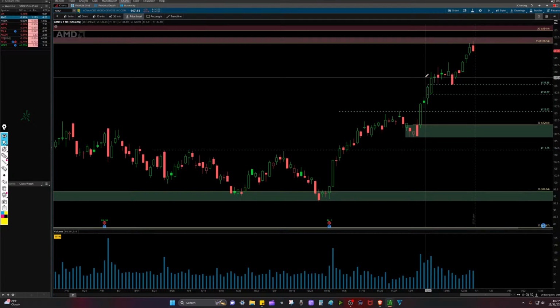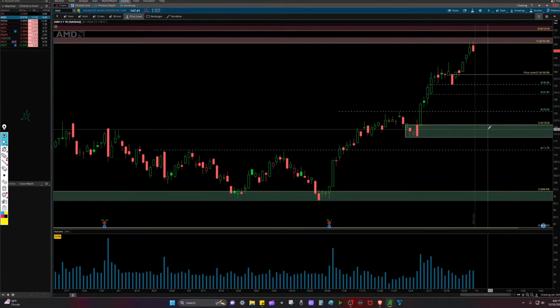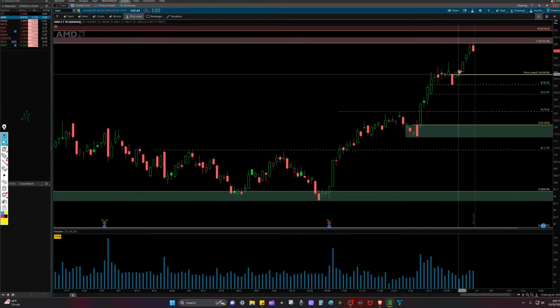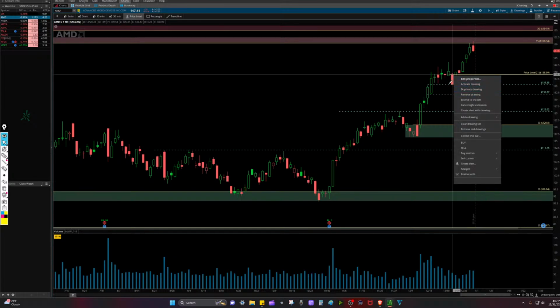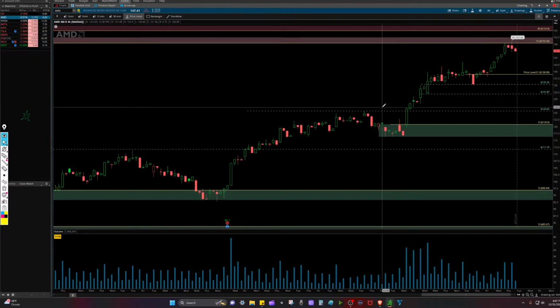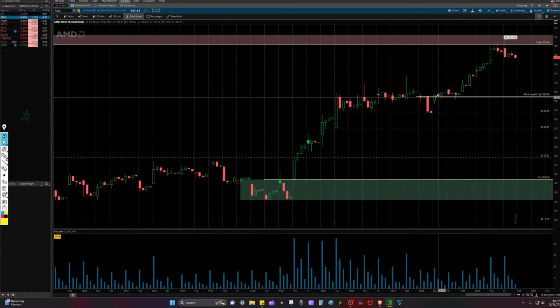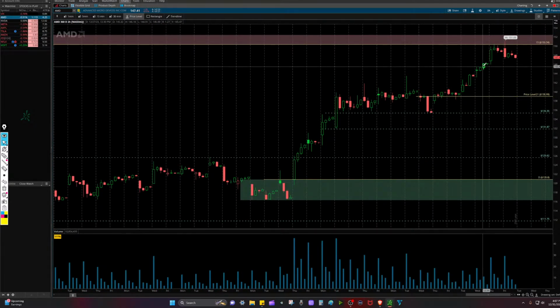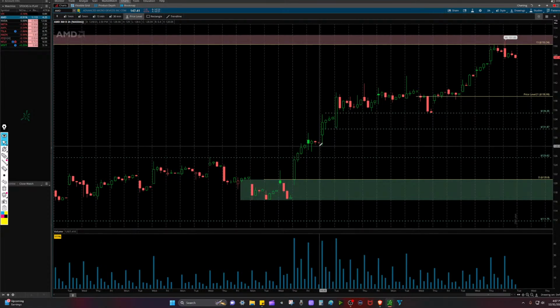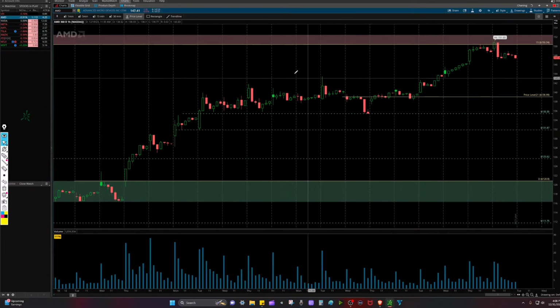Daily time frame, I don't see much happening. This might be a possible supply demand area, but I'm not too sure. Let's go further down. 4 hours, 2 hours. Nothing. 1 hour.